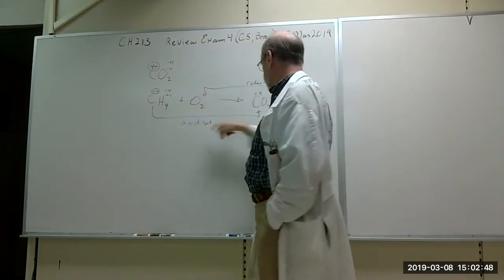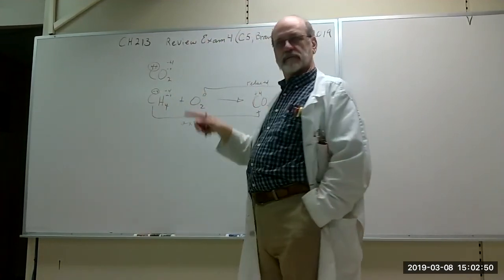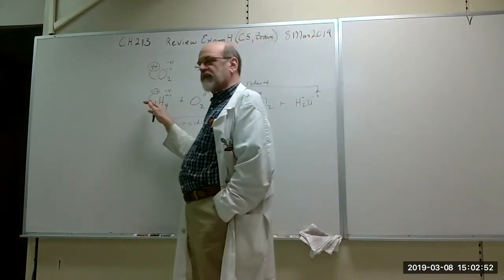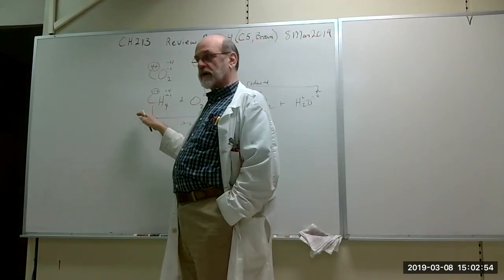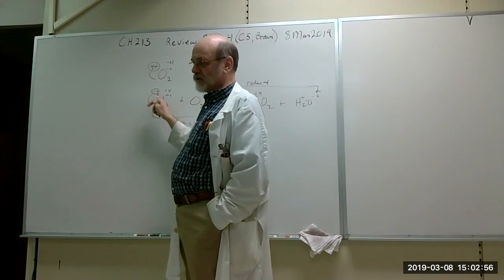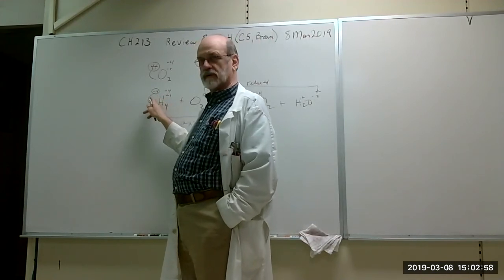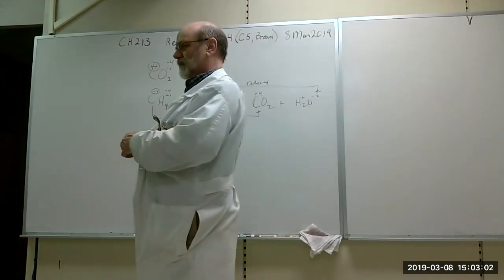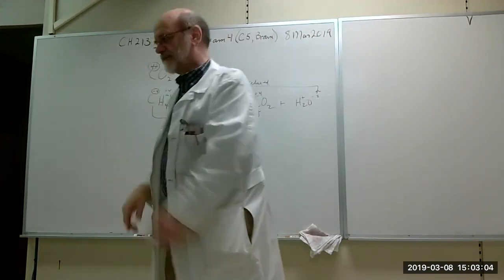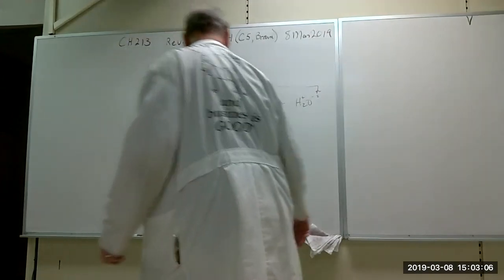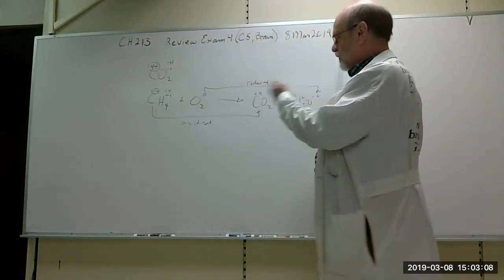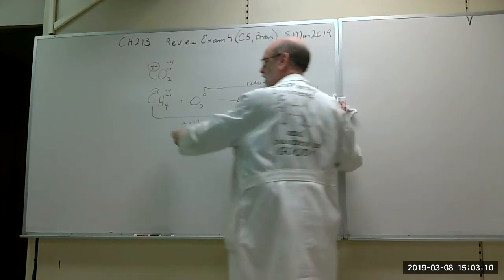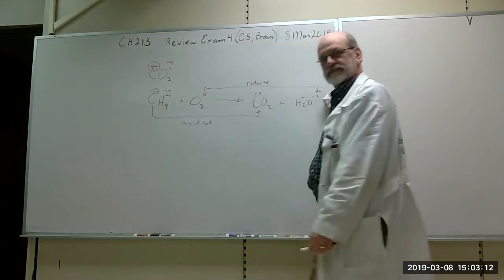And then you burn them and you go toward this one. That's probably why methane is a very efficient fuel, because this is the most reduced you can get, carbon, -4. I don't know about the others. I have to calculate them. Now I don't want to bore you with that. But that's the short version. That's the explanation why this one can't be a fuel, that one can be a fuel.